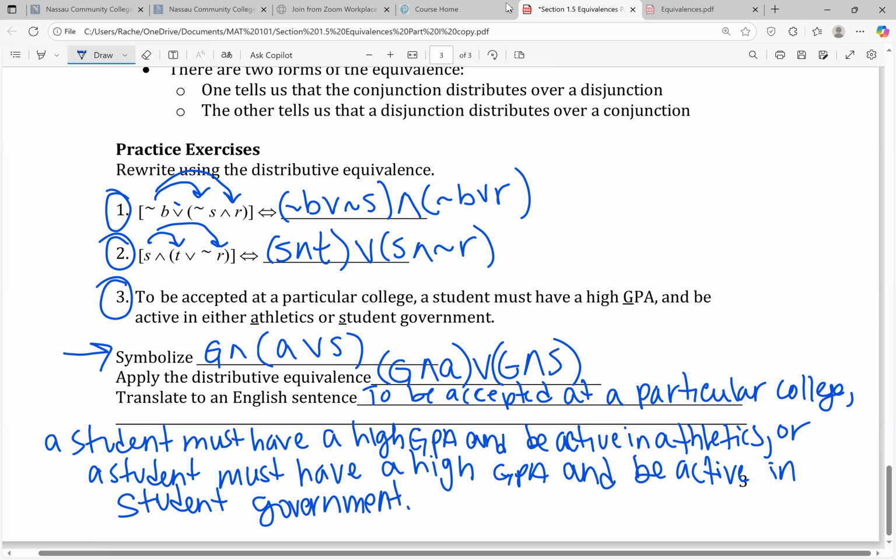So that's how we would write that compound statement in words. So to be accepted at a particular college, a student must have a high GPA and be active in athletics, or a student must have a high GPA and be active in student government.